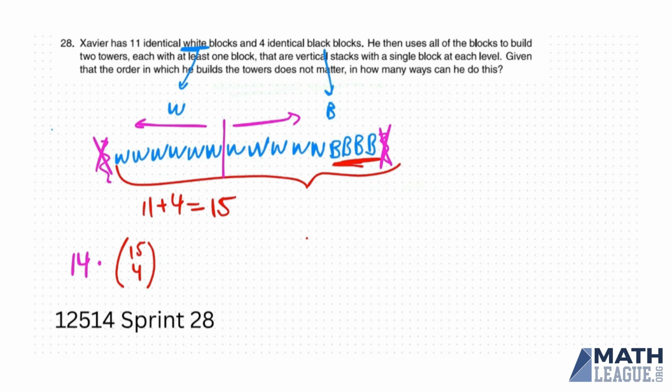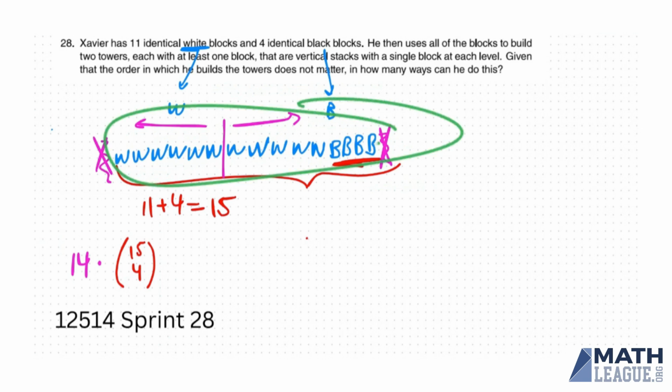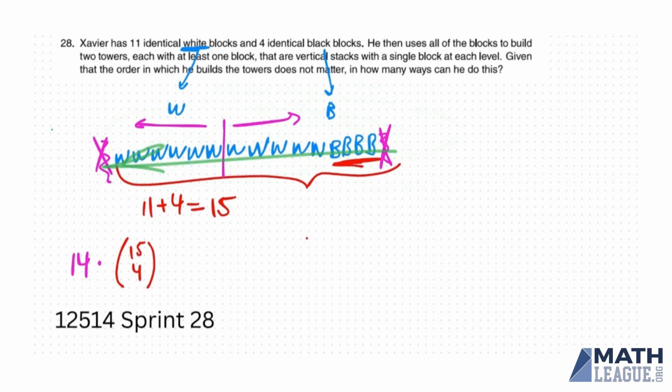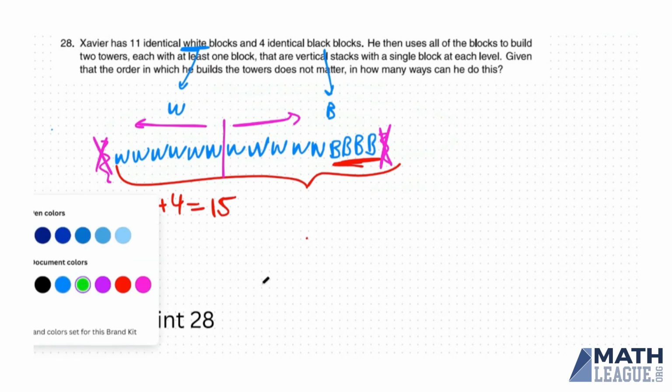Having tower 1 then tower 2 is the same as having tower 2 then tower 1, which, by the way, you would get if you had the same order of 15 blocks in reverse and then picked the mirror image divider. So if this were completely reversed, and then the divider were mirror imaged over, then you would get the same 2 towers, but tower 2 before tower 1. So we actually have to divide by 2, or multiply by 1/2, to account for that factor of overcounting.